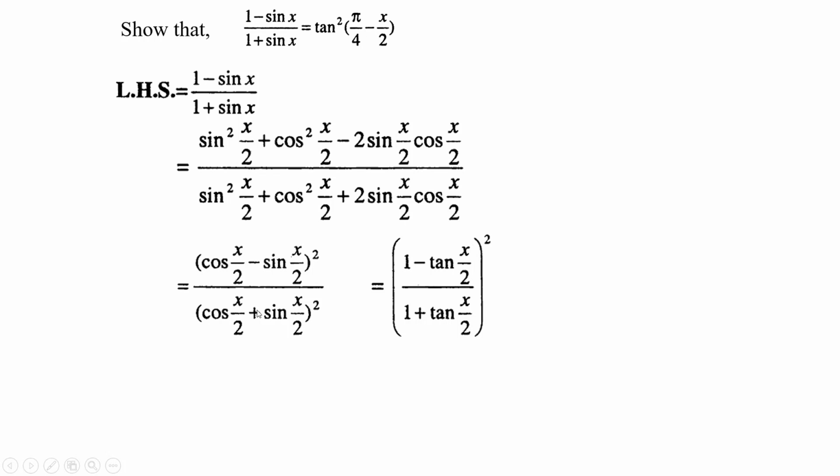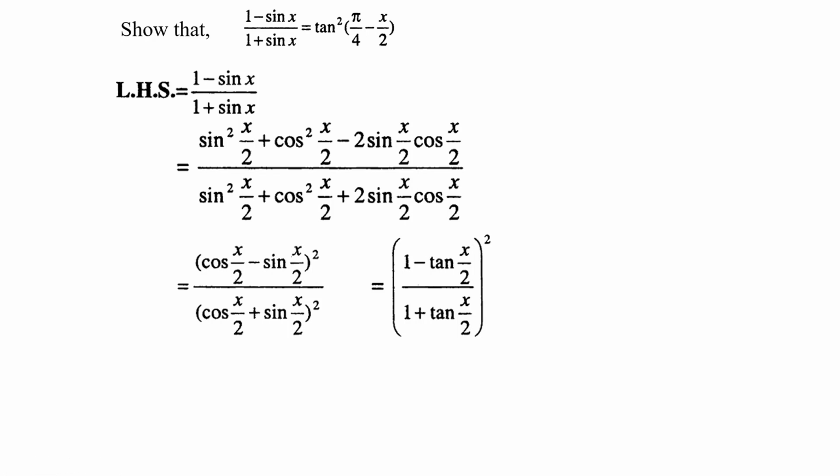Now take cos x by 2 as a common term. From here also cos x by 2 as a common term. If you take cos x by 2 as a common term, then cos x by 2 will vanish and then it will be 1 and sin x by 2 by cos x by 2.